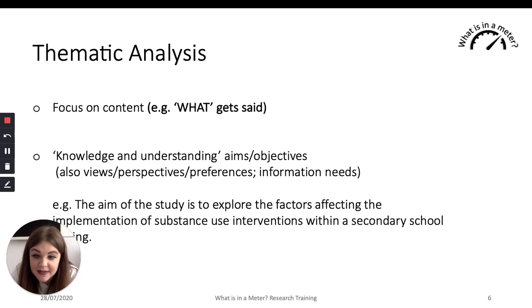I did that with participants who had knowledge or previous experience in that area. So this is why thematic analysis has been chosen as the analysis method within the What's in a Meter project, as we're looking to explore participants' views around their experiences and their access to metering technology in their local area.